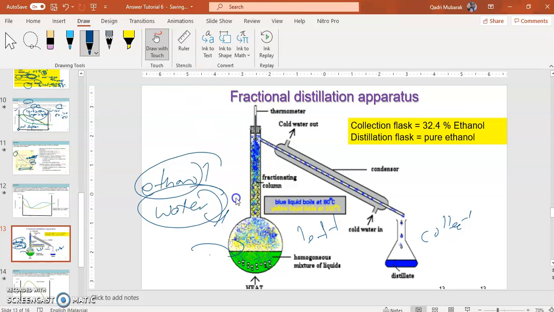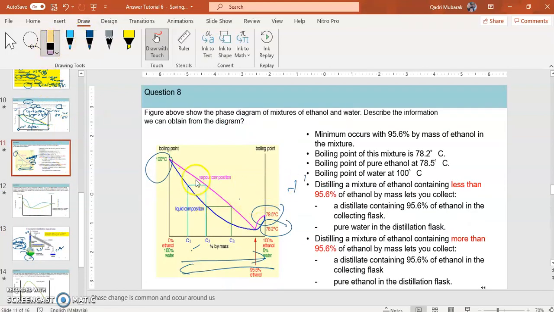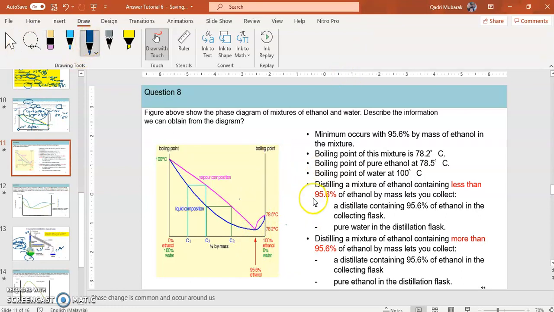At a certain temperature, we provide the heat here, so we just manipulate the heat. At a certain temperature, we can collect from the solution, depending on the temperature that we set. For example, here the maximum we can get is 95.6% of ethanol.